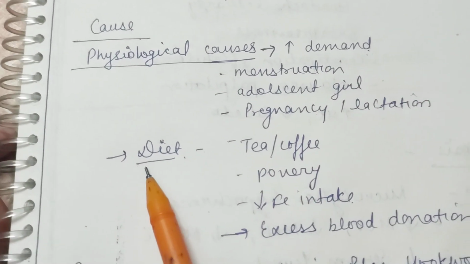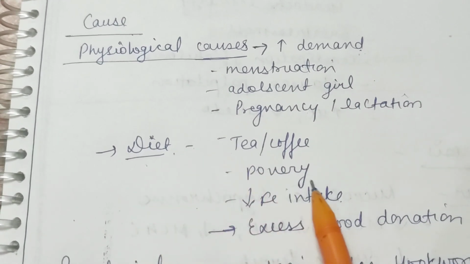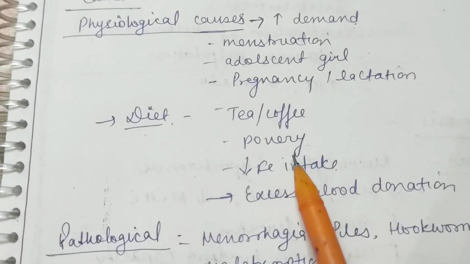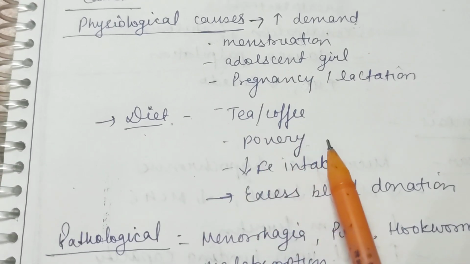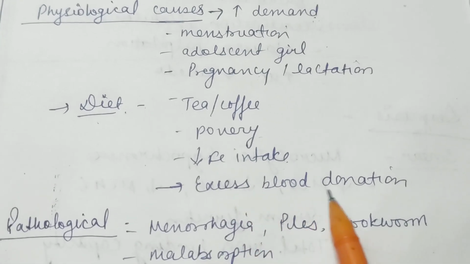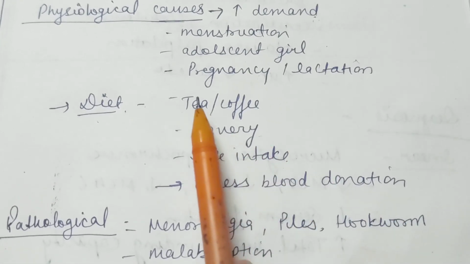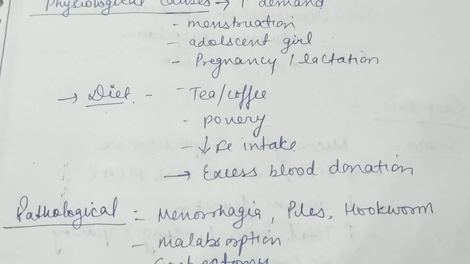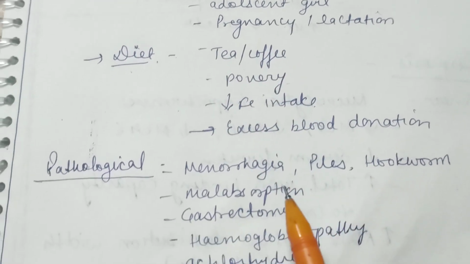Okay, because of diet it can happen, like poverty, socioeconomic condition, so they are not able to take any iron rich diet, so iron intake is less, and excess blood donation if anybody is doing, or excess tea or coffee intake, because that can actually chelate the iron.